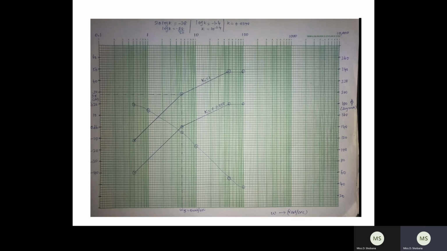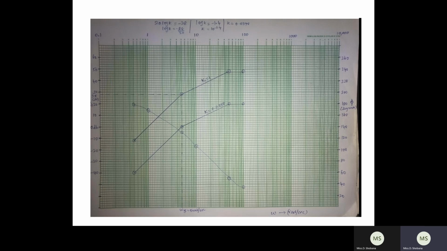First of all, we have to draw the magnitude plot for k equal to 1. Here, when omega is 0.5, you get a gain of minus 12. Put a mark there and draw a small circle. Then at 5 radian per second, plus 28, mark that and circle.